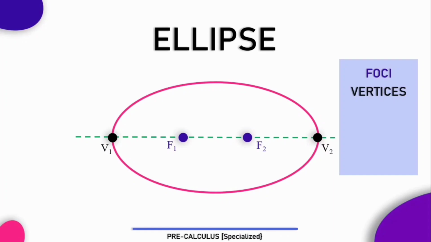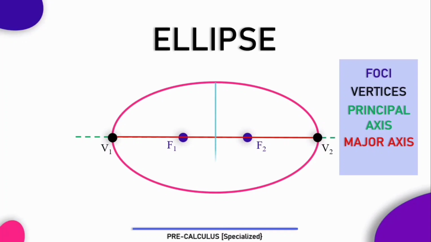By the way, this line is what we call the principal axis. And we will only consider an ellipse where the principal axis is either vertical or horizontal. Now, the line segment connecting V sub 1 and V sub 2 is what we call the major axis.